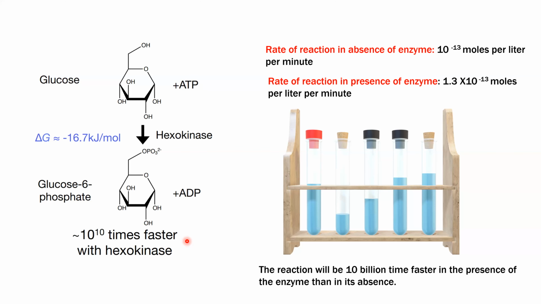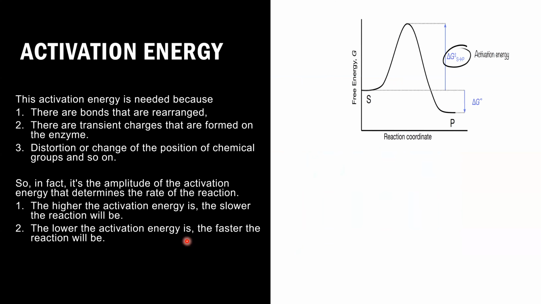So overall the reaction will be 10 billion times faster in the presence of enzyme than in its absence, in case we compare the conversion of glucose into glucose 6-phosphate in the presence of hexokinase or in the absence of hexokinase.